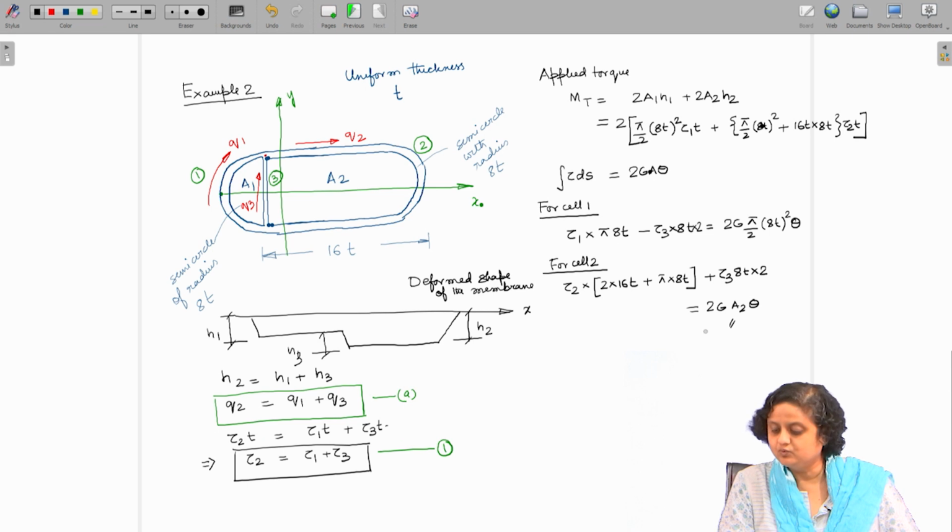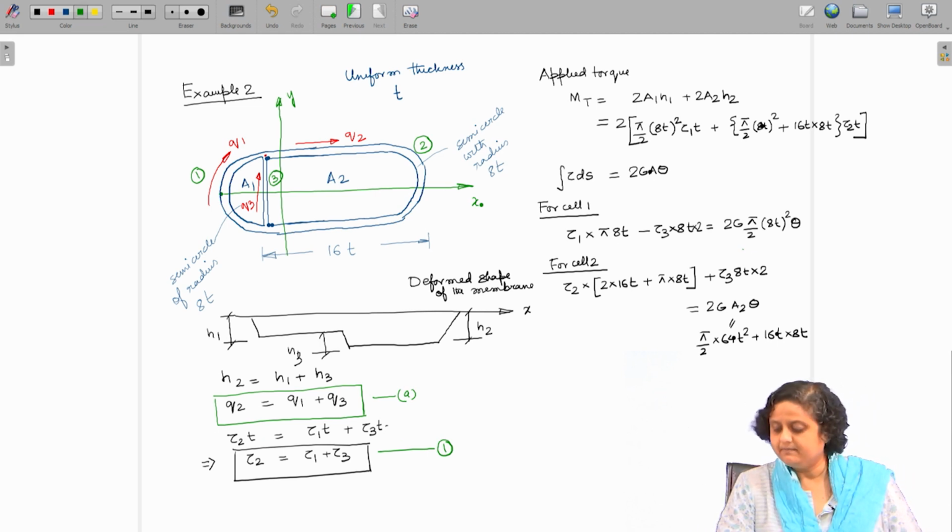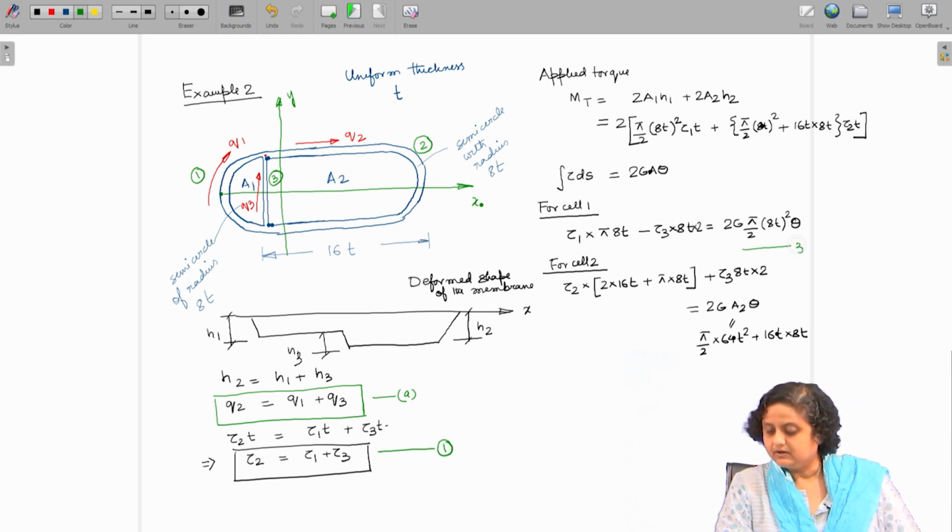So, area 2 is pi by 2 into 64t square plus 16t into 8t. So, this is going to be my equation 2, this is my equation 3, and this is going to be my equation 4.